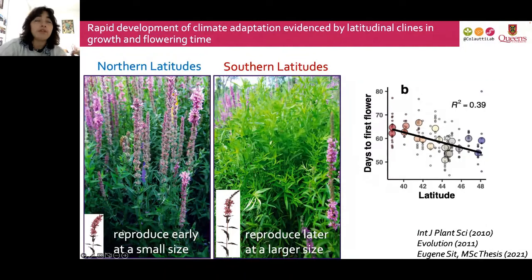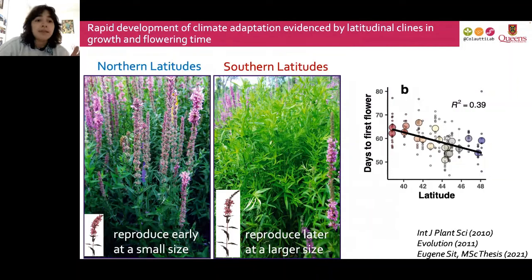So you remember at the start of the presentation, I mentioned that at a certain point in the growing cycle, purple loosestrife will switch from vegetative growth over to reproductive growth, and the size that it's at when that happens is kind of the size that it stays at.